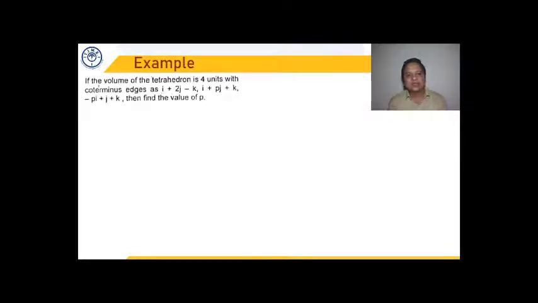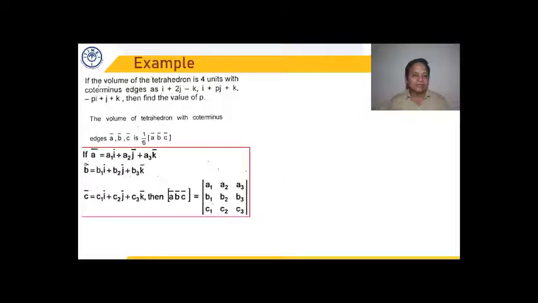Now taking an example, it says if the volume of the tetrahedron is 4 units with coterminous edges as given by 3 vectors, we have to find the value of P. P is an unknown in 2 vectors. So we had volume of a tetrahedron with coterminous edges A, B, C is 1/6 of scalar triple product.